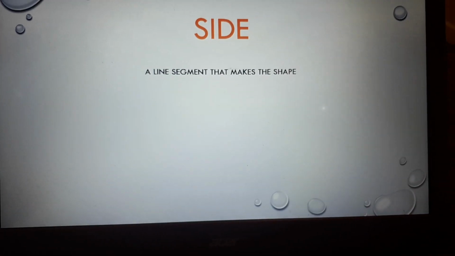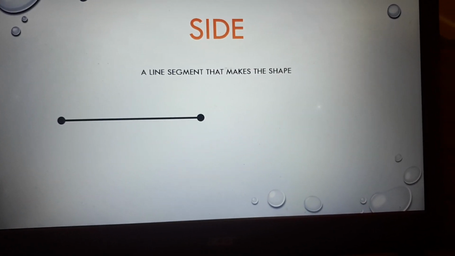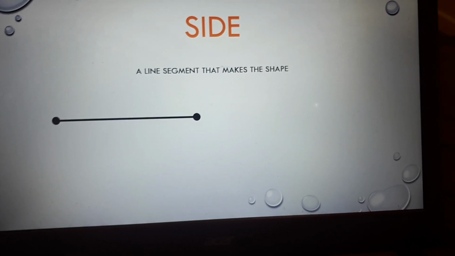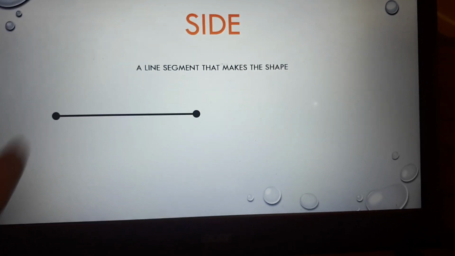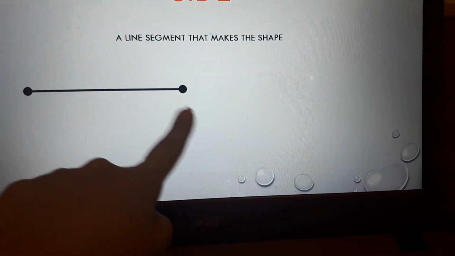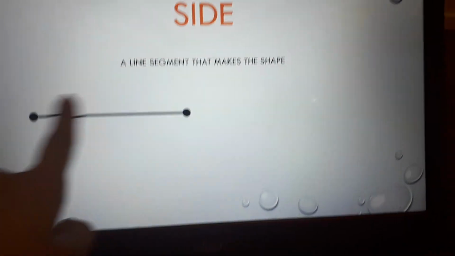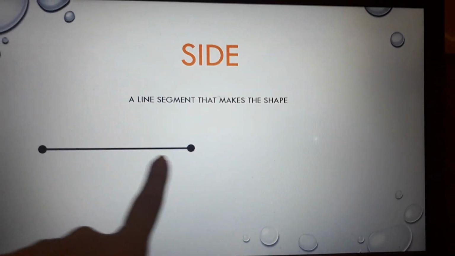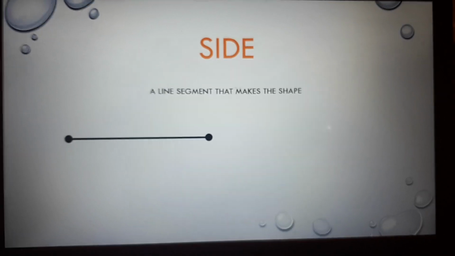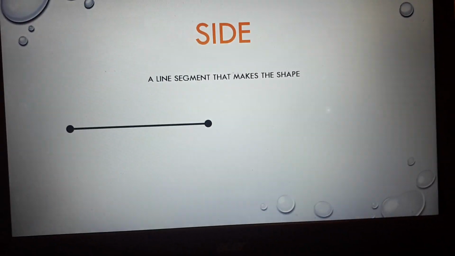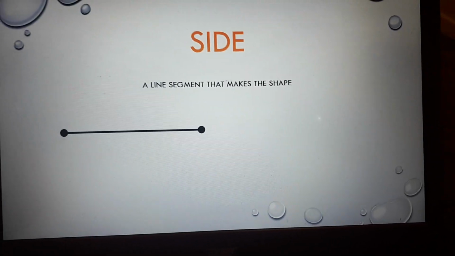It's a line. You use this line to draw shapes. So this line, we call it a line segment. Come on, repeat after me. Line segment. So a line segment that makes a shape, we call it a side.